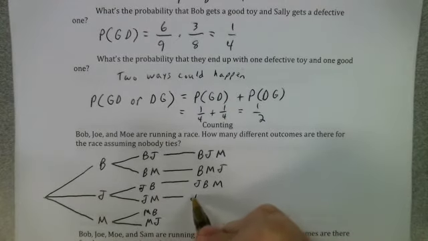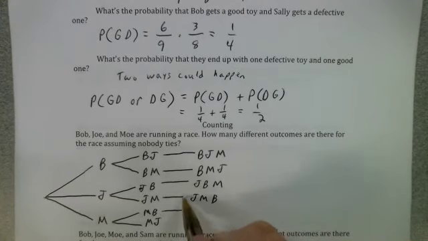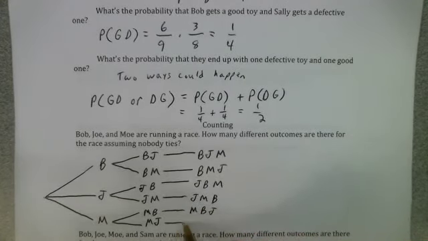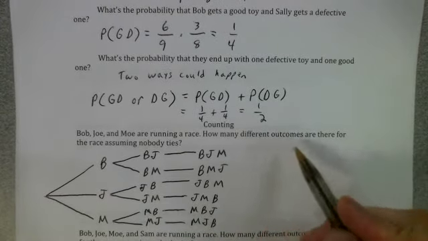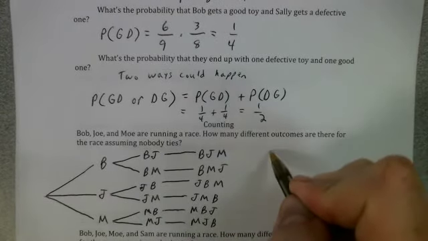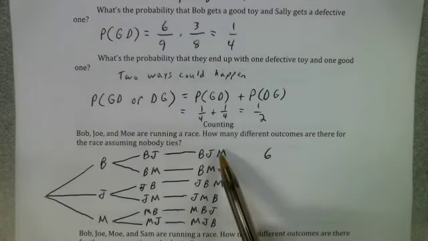Joe first, Mo second, you have to have Bob third. Mo first, Bob second, Joe's third. Mo first, Joe second, Bob's third. Aha! We see that there are 6 different outcomes for the race. These are it.